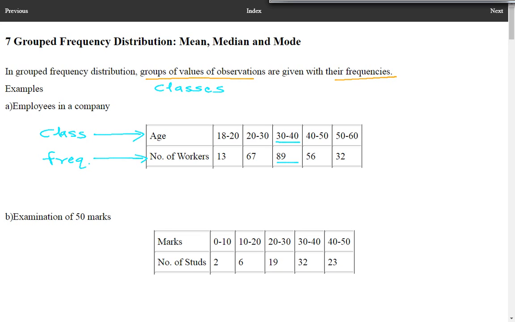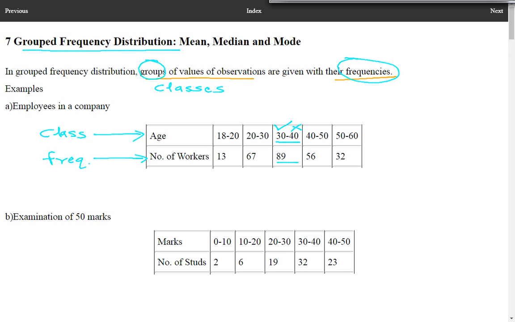It means that there are 89 workers whose age is in between 30 and 40. This is exclusive type of classification. Upper limit is not included. So 30 is included but 40 is not included. So this type of data where groups are given and their frequencies are given is group frequency distribution.